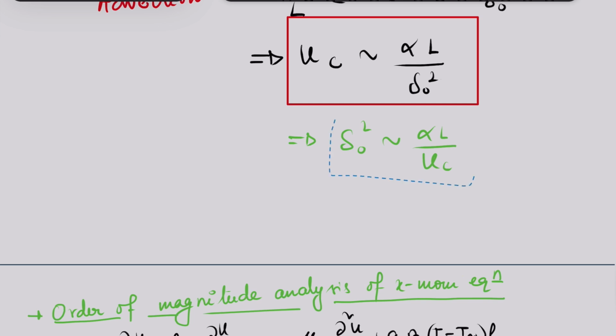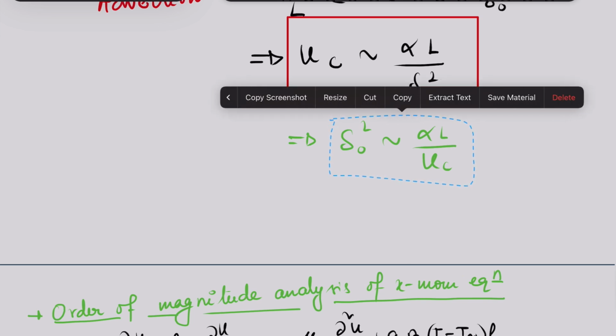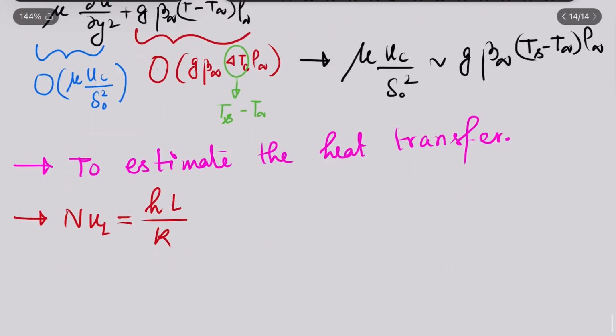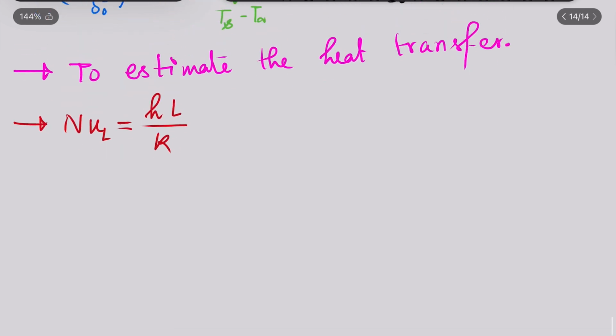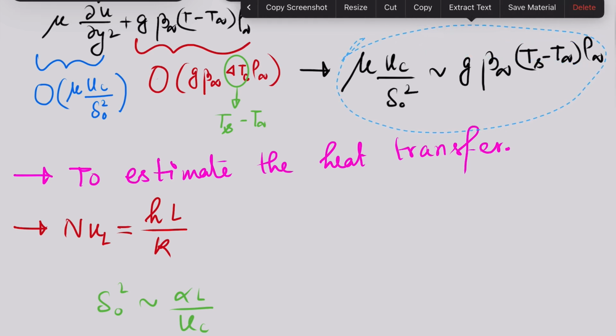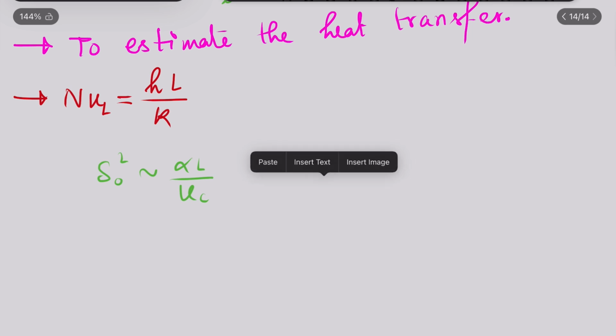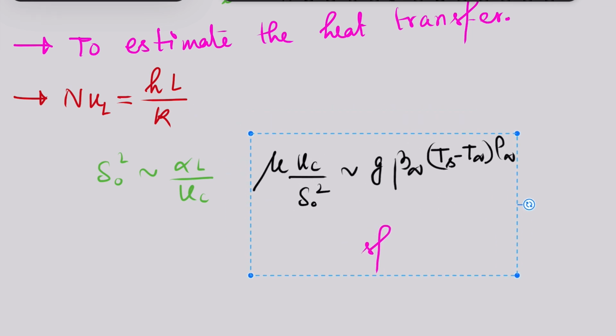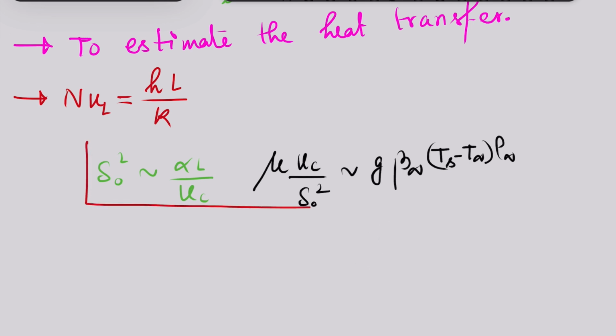So I will just again copy it and place it here, and again this equation. I will just copy it and place it here. So these two master equations we are having. I will just box them.